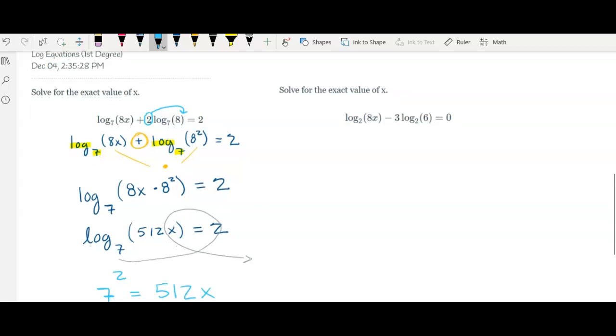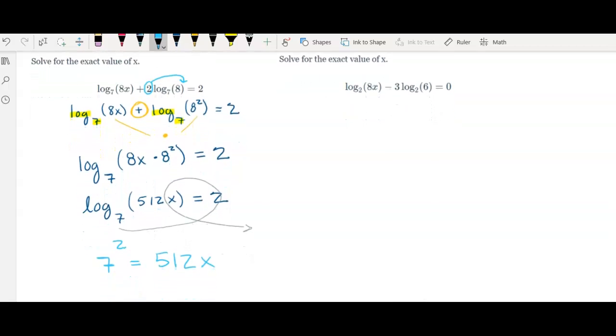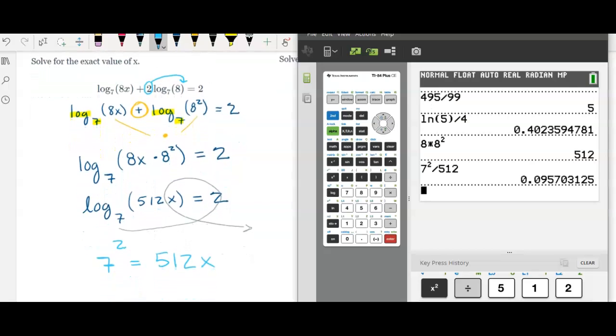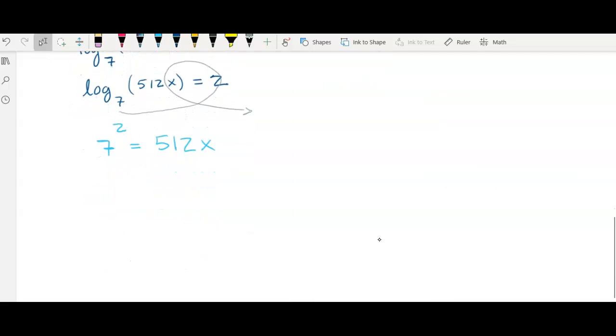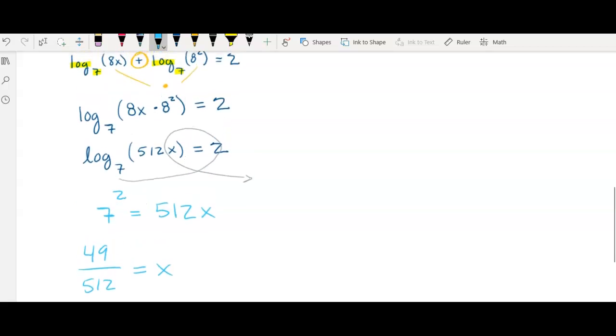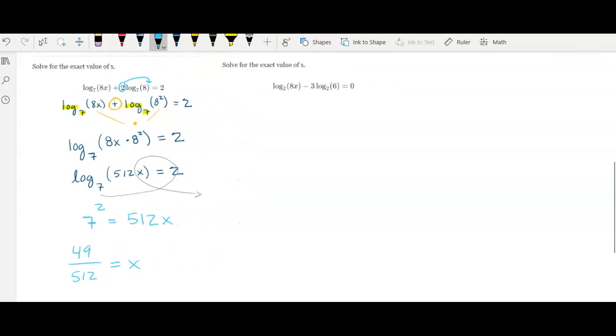And then what's this say? It says the exact value of x. So I'm going to turn that back into a fraction. If they say the exact value of x, they don't want you to round it off. So 49 divided by 512 is equal to x.